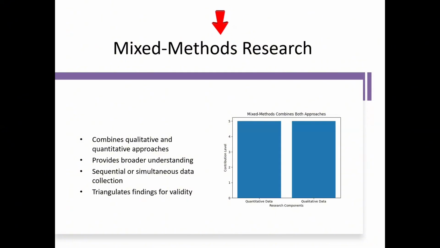When we say sequential, you can decide to use qualitative first, and after you have gotten the data for qualitative, you now go on to use quantitative. Or you can decide to use quantitative first, and when you are finished with it, you now use qualitative. That is sequential. But simultaneous is that you carry out data collection for qualitative and quantitative at the same time.